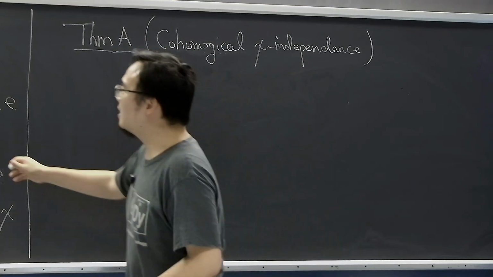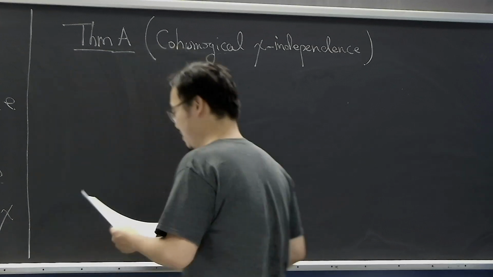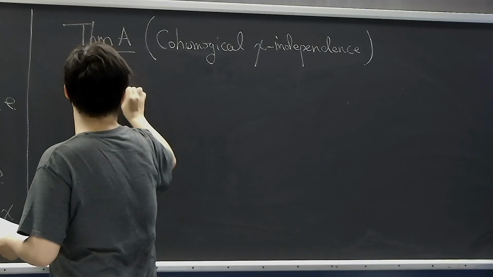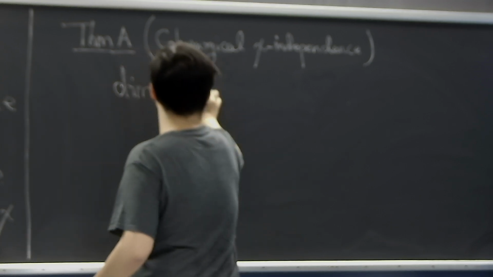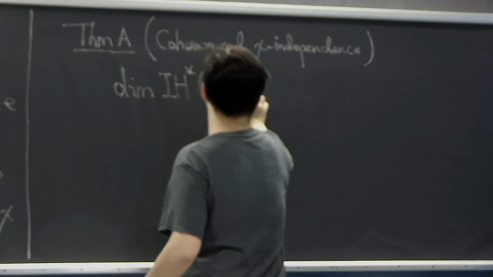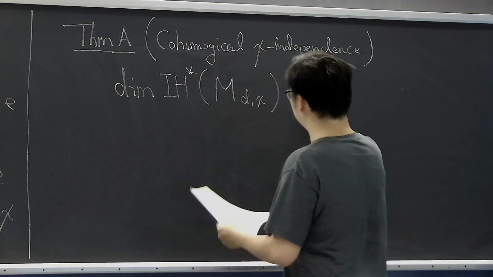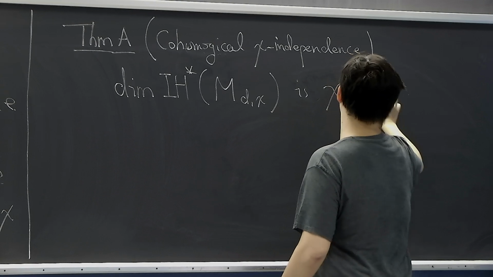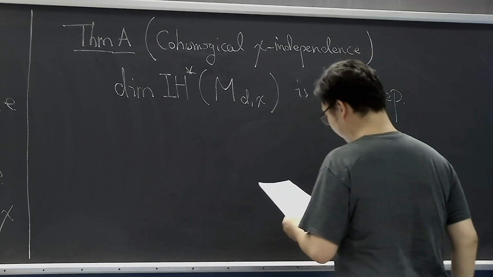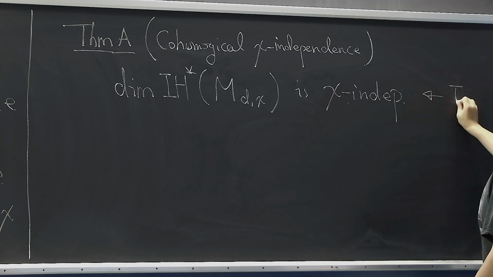The good thing about choosing this example is that in this case it is a complete classical statement. It says the dimension of the intersection cohomology of this M_{d,chi}, no matter which chi you choose, as a vector space, is chi-independent. This will be covered today.